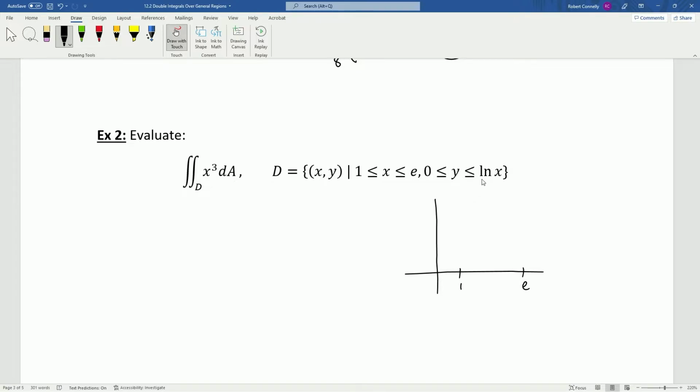So if we take here, x is from 1 to e, and y starts at 0 and goes up to ln of x. But ln of 1 is 0, and ln of e is 1.